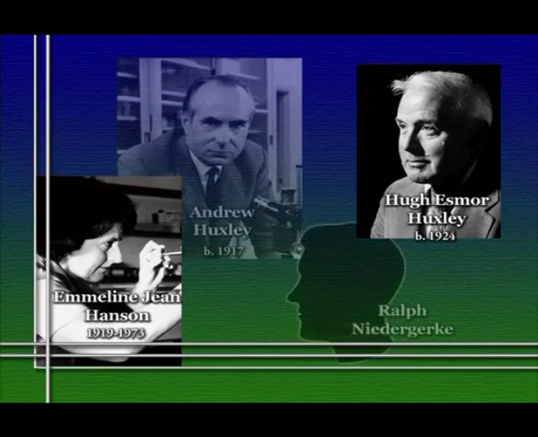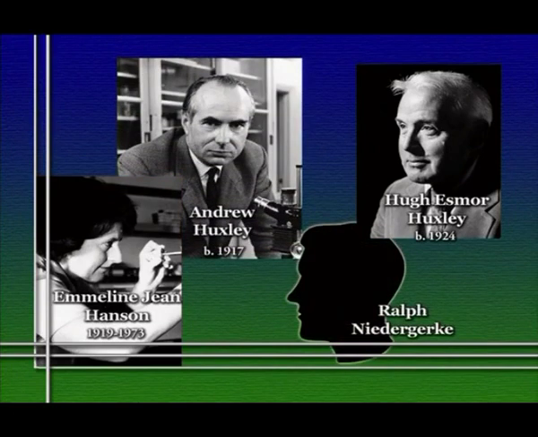In 1954, a couple of pairs of researchers, Hugh Huxley and Jean Hansen, who were working in London, and Andrew Huxley and Ralph Niedergerke, who were working in Cambridge, independently proposed a theoretical model that we now call the sliding filament model, which was a model for how muscles contract and was explicitly developed based on looking at microscopic descriptions of how these banding patterns changed during contraction.